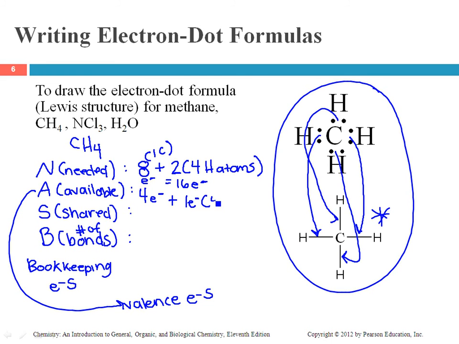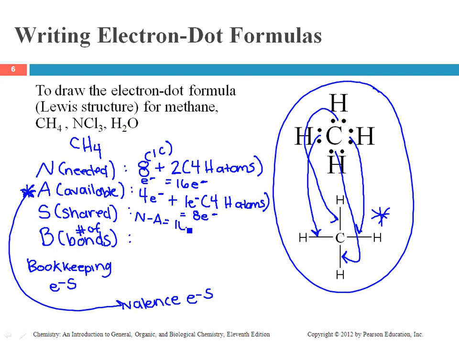But we have 4 hydrogens, so we have to take into account 4 hydrogen atoms. So we have 4 plus 4, and that gives us 8. Available is going to become very important. For shared, this is going to be equal to needed minus available.